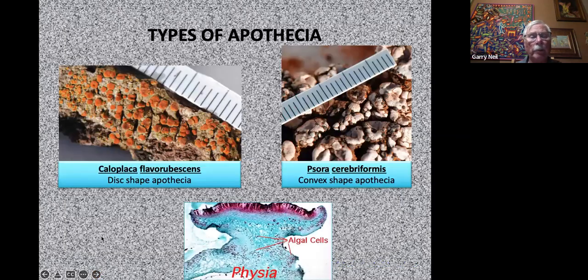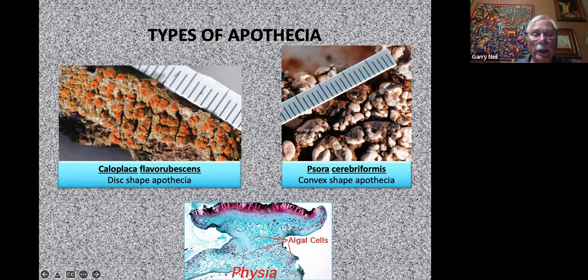All right, so here are some disc lichens. Here we have Xanthoria. Xanthoria has a round type of apothecia, or fungal reproductive structure. Here is a Caloplaca that has disc-like structures. You can see this is a millimeter ruler, so these particular apothecia are only about 1 millimeter in diameter. This is the upper surface of the disc.